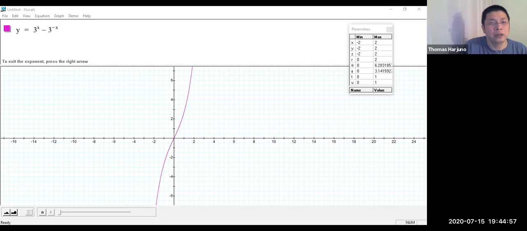Let's define the number e. This is an irrational number, just like pi. In fact, they even call it a transcendental number. The number e is an irrational number.